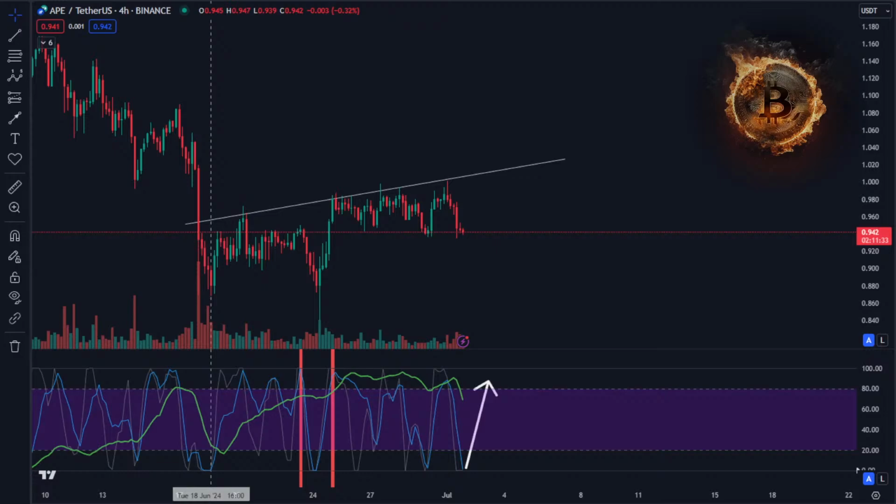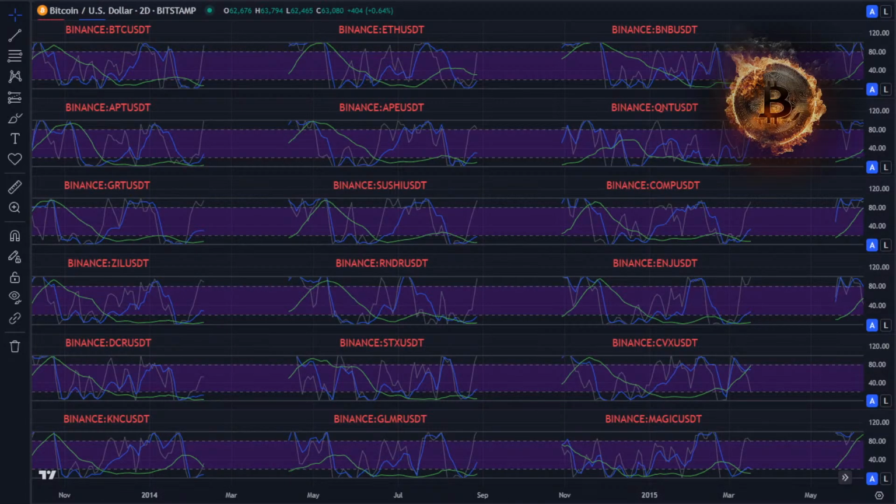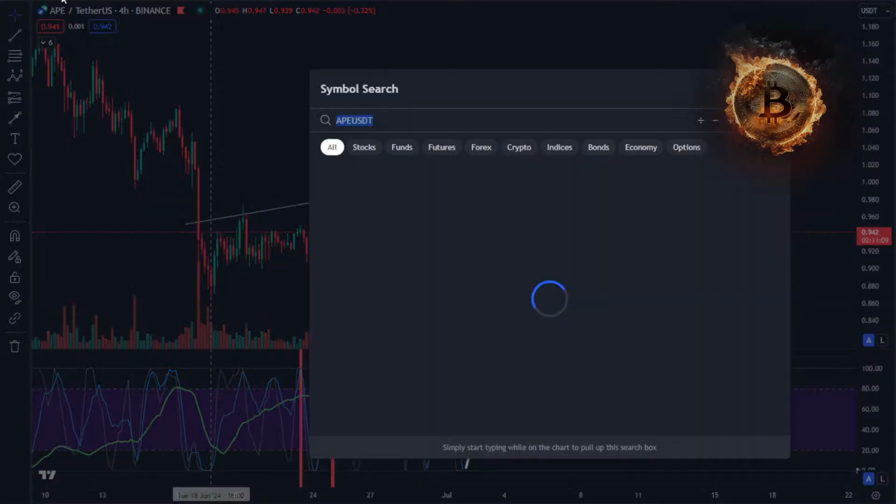Give me a second. So I have Zilliqa, and we have also GMT still in play, and we had sushi. So let's check sushi.